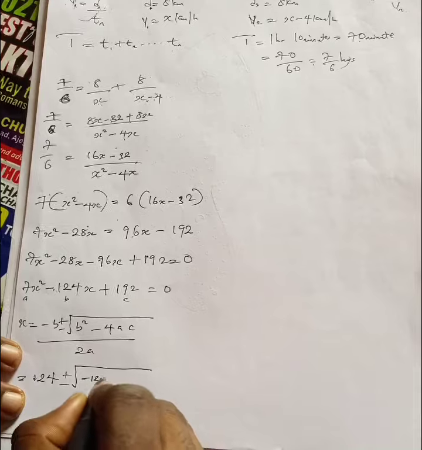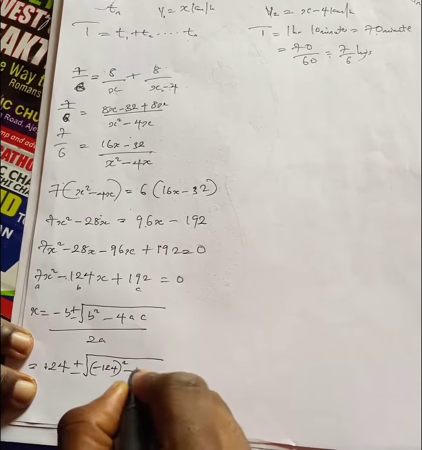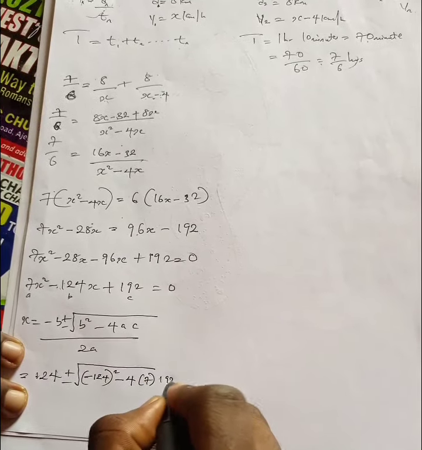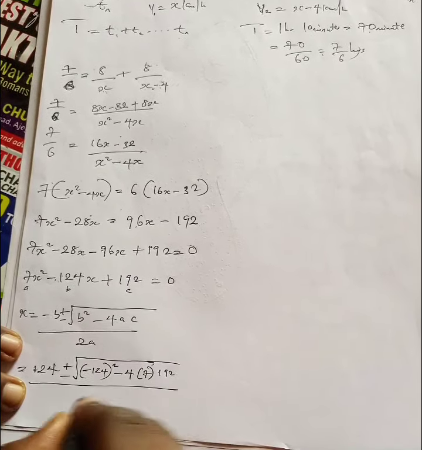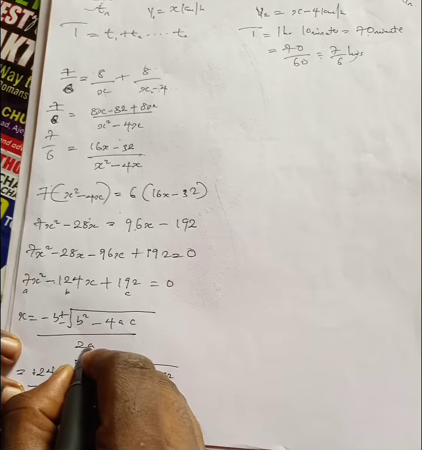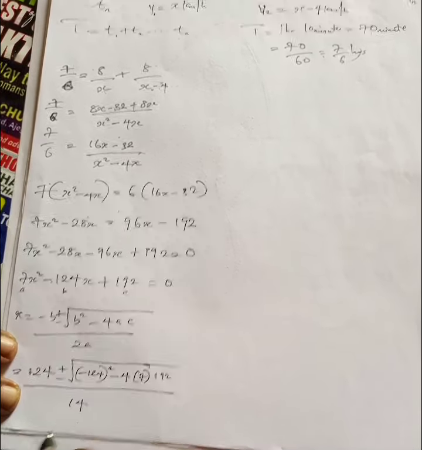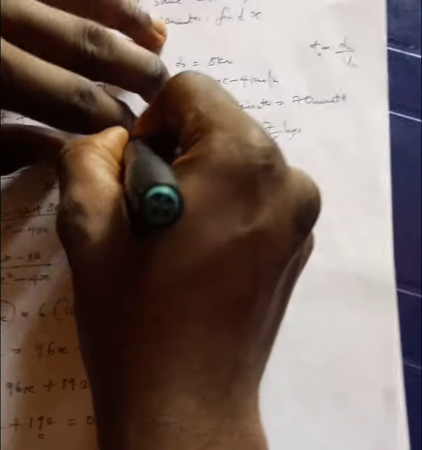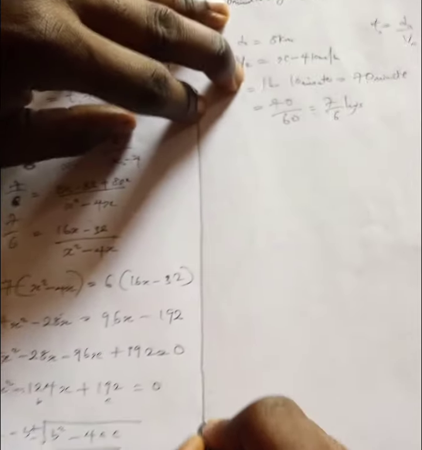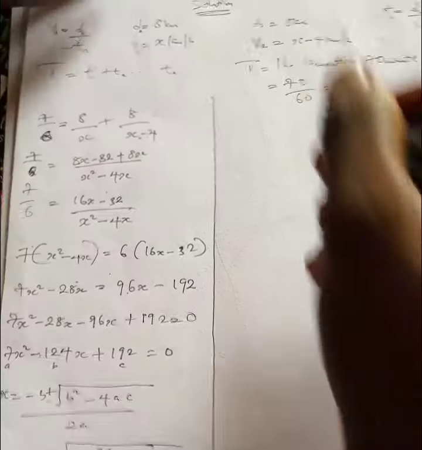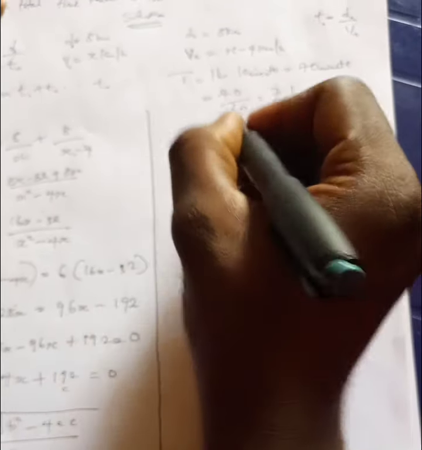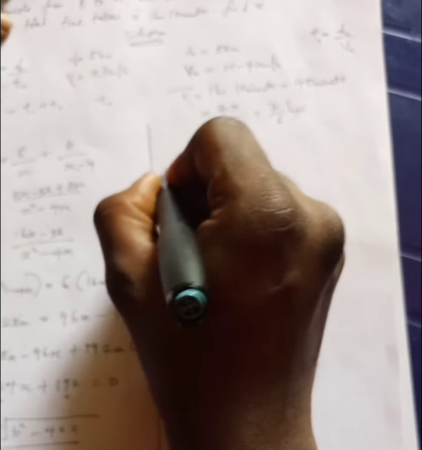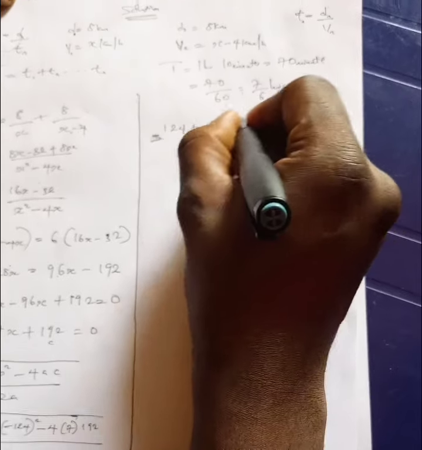So remember I said negative 124, all squared, minus 4 times 7, then times 192, all divided by 2a, 2 times 7, that is 14, because a is 7. So I just draw a nice straight line here, and I'll have my 124 plus or minus the square root.